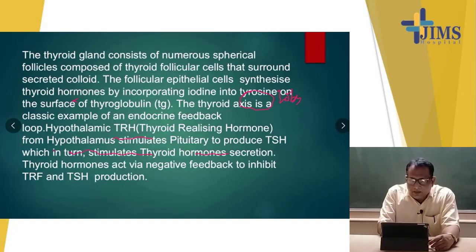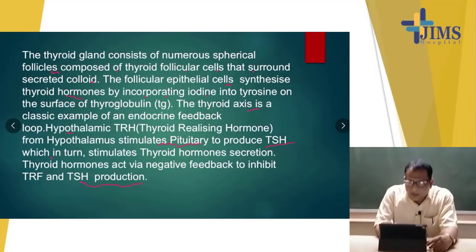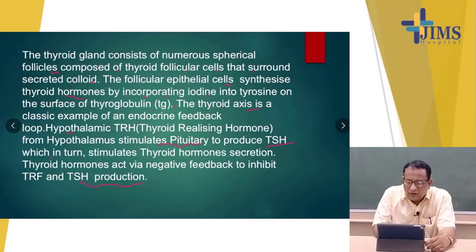Once again, the thyroid gland consists of numerous spherical follicles composed of thyroid follicular cells that surround secreted colloid. The follicular epithelial cells synthesize thyroid hormones by incorporating iodine into tyrosine on the surface of thyroglobulin. The thyroid axis is a classic example of an endocrine feedback loop.